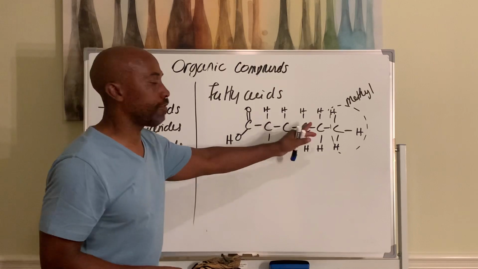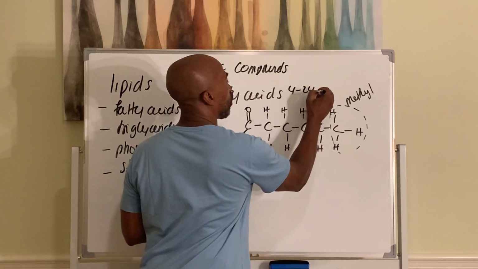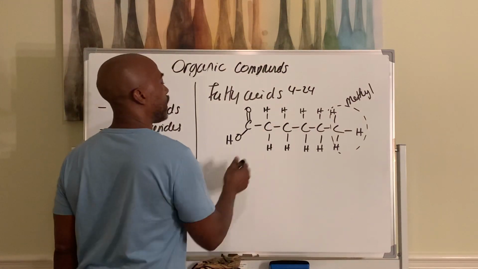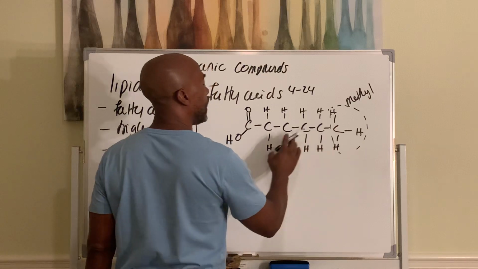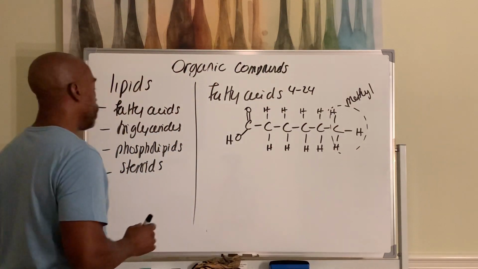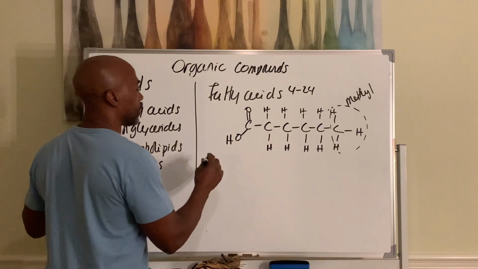Long chains of carbons can be about 4 to 24 carbons in a chain, linked together by usually single bonds, and they are surrounded by H's. It's a fatty acid. So your fatty acids can be what's called saturated.